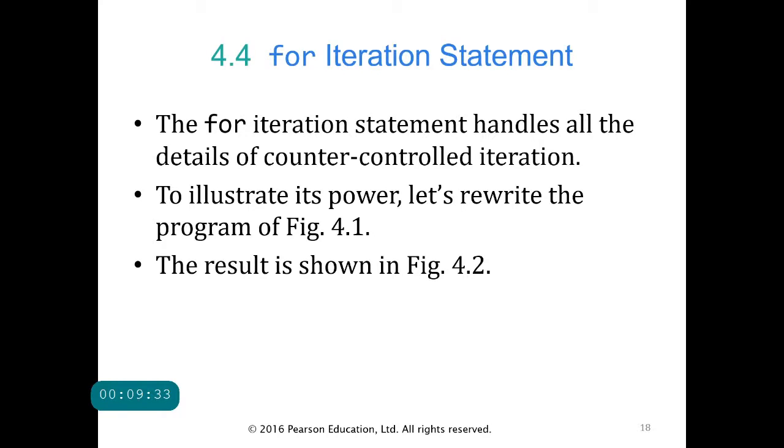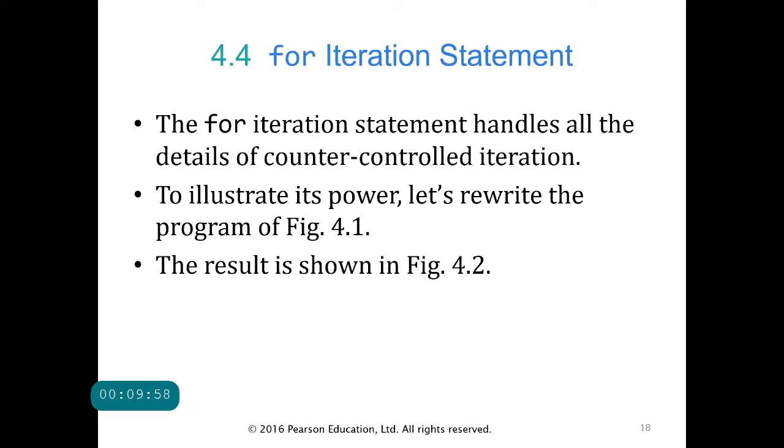Now, in general, when you are in a situation where you have to do counter controlled iterations, or rather when you know exactly how many cycles your loop needs to run for, in those cases you generally do not use the while loop.